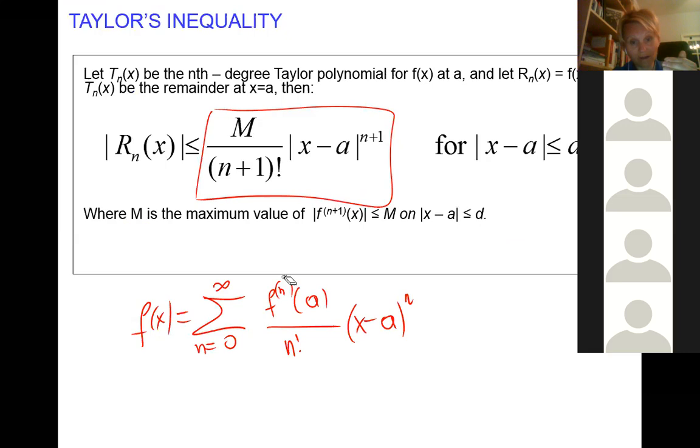That was the nth derivative, this will be n plus 1. Of course, we have to find the maximum value on the interval, but still it is the next term. We can see n plus 1, and also the next derivative, n plus 1. That's quite important, but it's the same concept, the same idea. Let's do 2 problems, and we will use Taylor's inequality to approximate the error in my approximation.